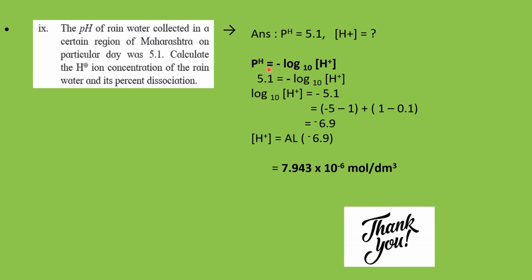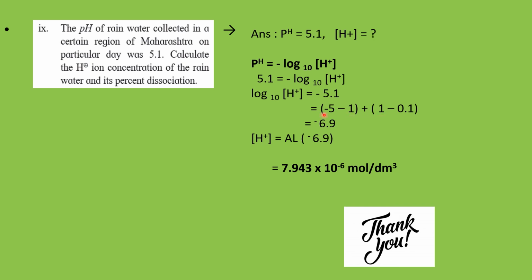We know the formula pH is equal to negative logarithm to the base 10 of the molar concentration of H plus. That is, 5.1 is equal to negative logarithm to the base 10 of the molar concentration of H plus, or the molar concentration of H plus is equal to the anti-logarithm of minus 5.1. Here, for a negative number we cannot take the anti-logarithm, so we have to make it positive. For that we are subtracting 1 and adding 1.